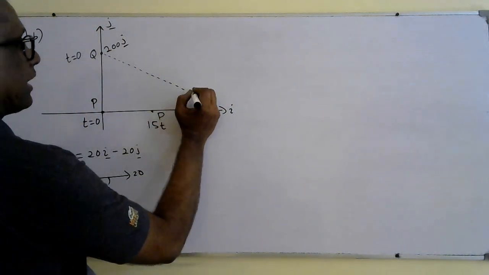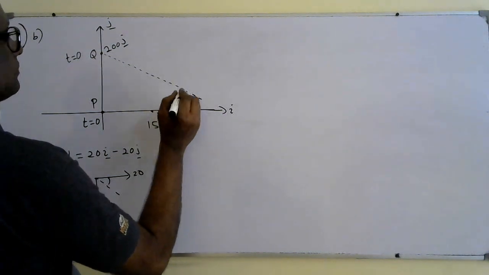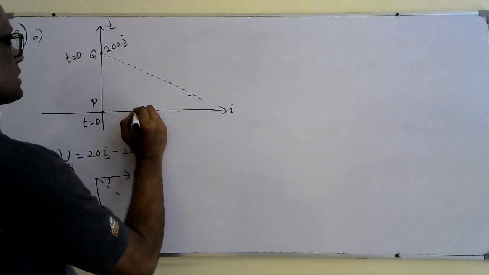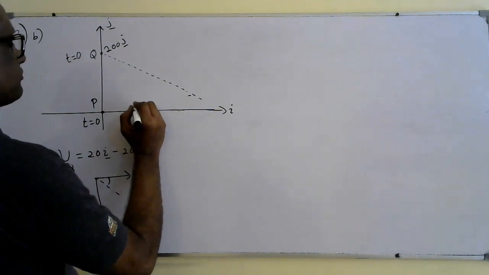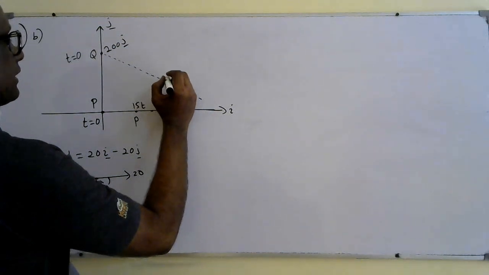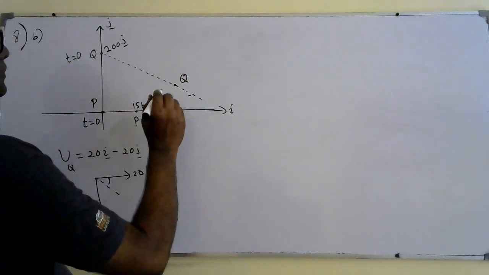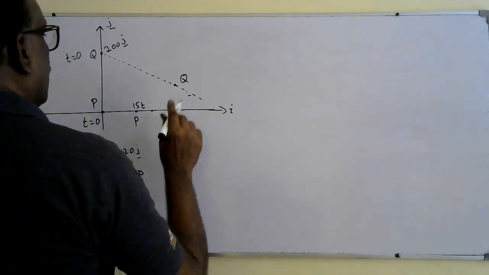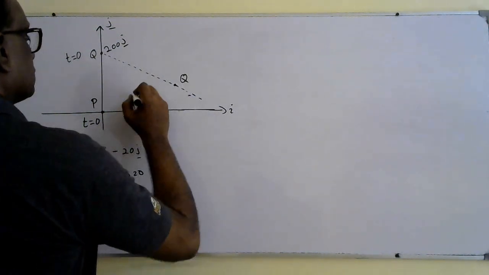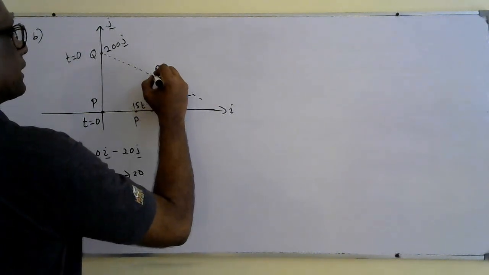P is somewhere here, which is 15t, and Q will be somewhere here.